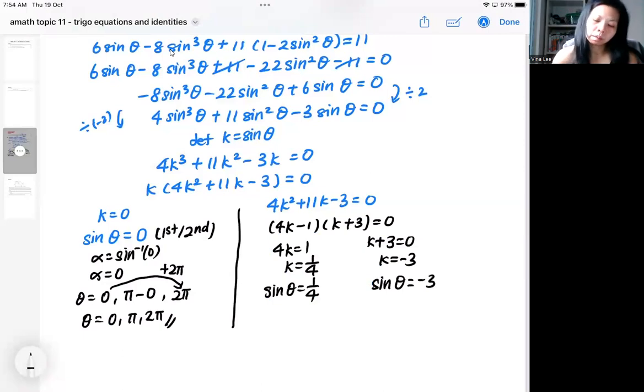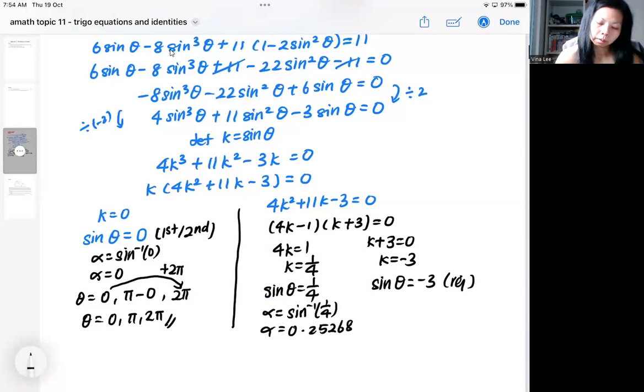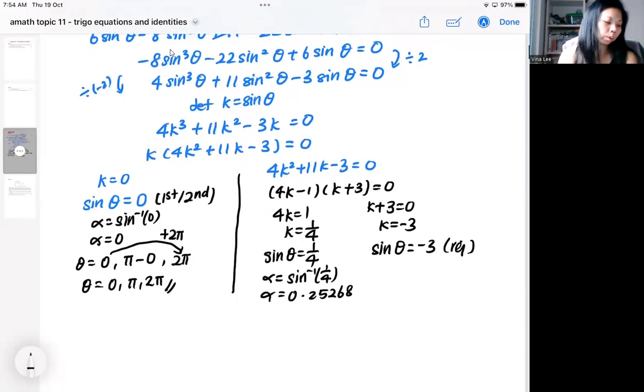So in this case, this will be rejected. Do your typical 4 steps. Then this will be under the first and second quadrant.